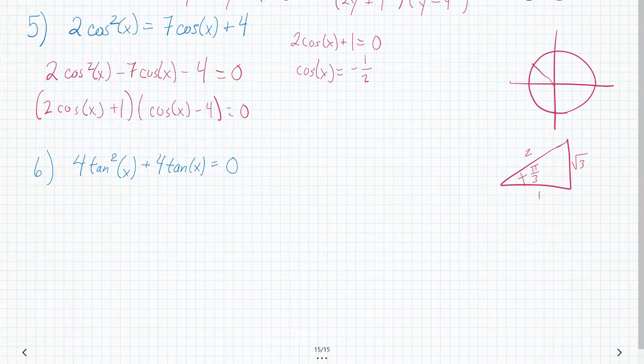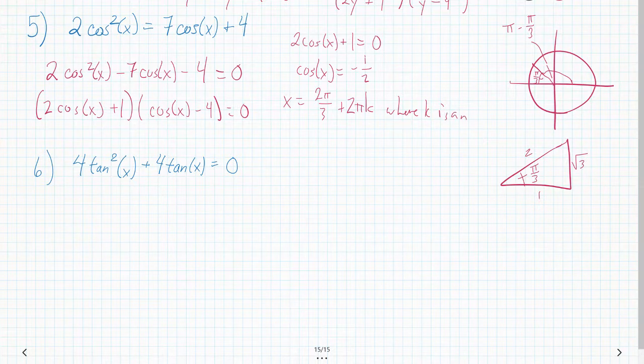So it has to be in the second quadrant. This is pi over 3. So that means this angle from here to here must be pi minus pi over 3, which is 2 pi over 3. So x equals 2 pi over 3 plus 2 pi k, where k is an integer.